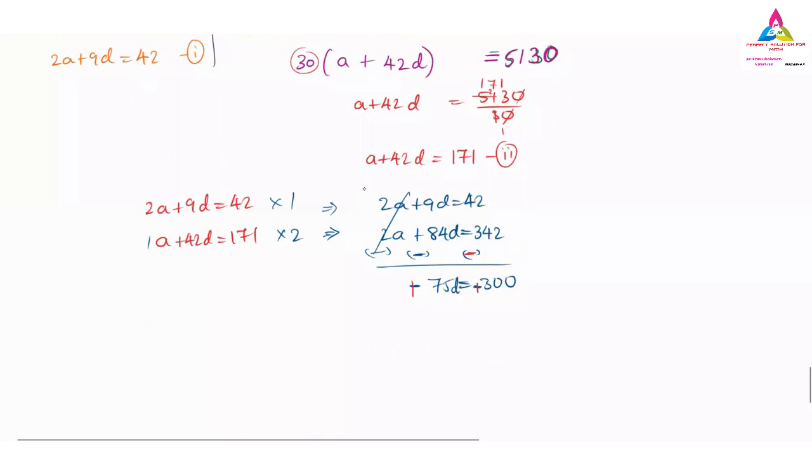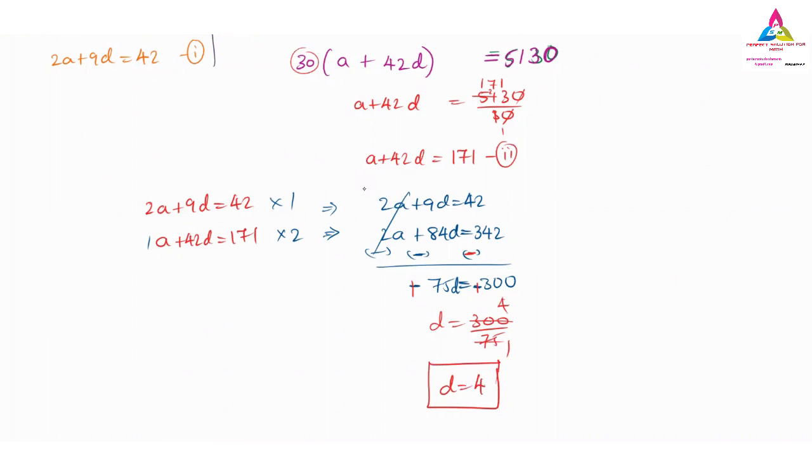So d is equal to 300 divided by 75. 75 ones are 75, 2s are 150, 4s are 300. So the d value we found as 4. So now you have to substitute this d value in equation 1 or equation 2. So better go for equation number 1.